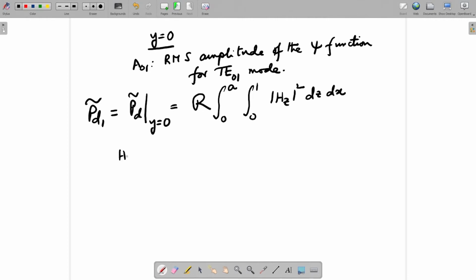Now, we know that Hz at y equal to 0 is given by A01 by j omega mu.